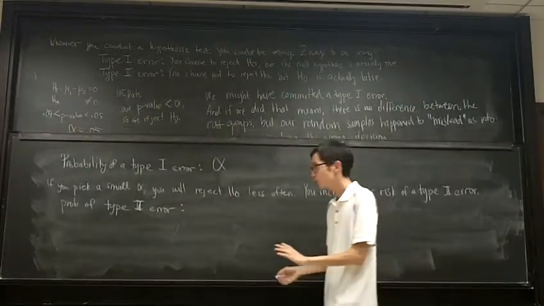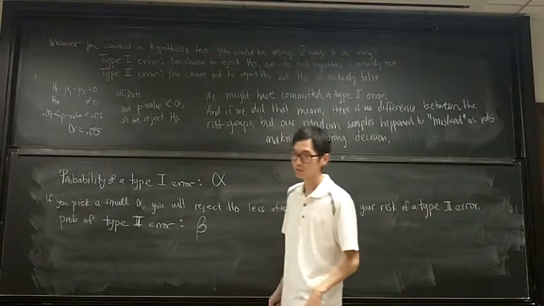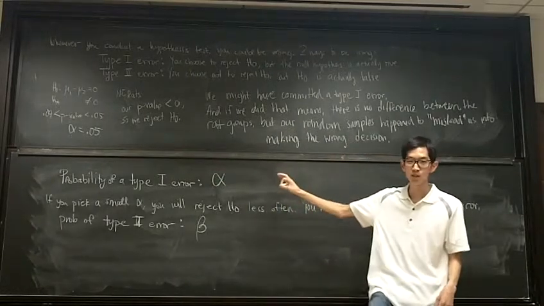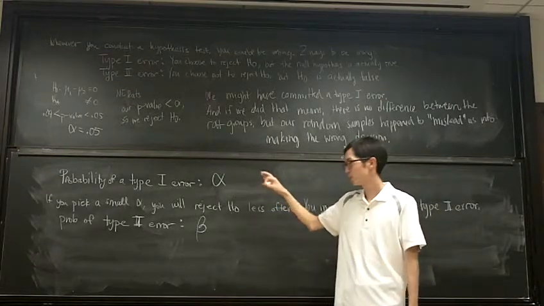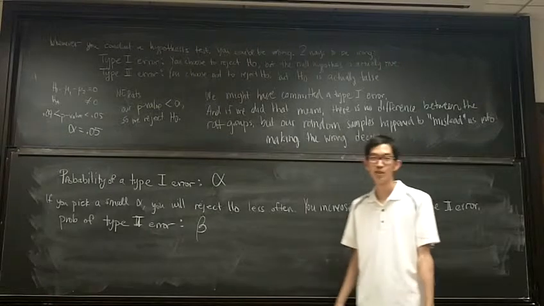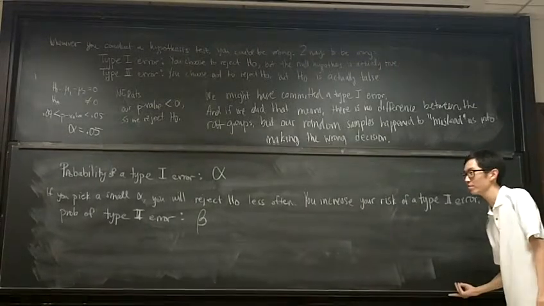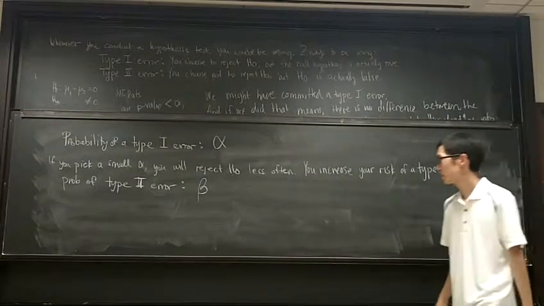But you should know that the probability of a type 2 error is called beta, okay? So alpha is the first letter of the Greek alphabet. Beta is the second. So type 1 alpha, type 2 beta. Alpha bet, right? So probability of type 2 error.